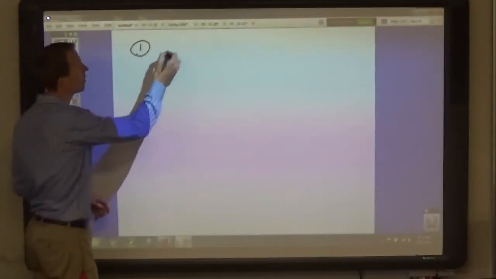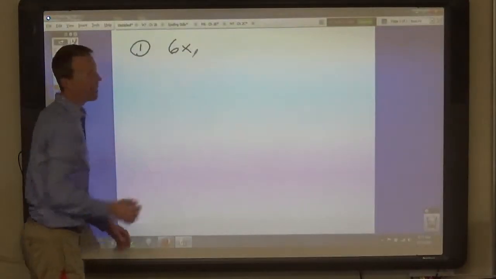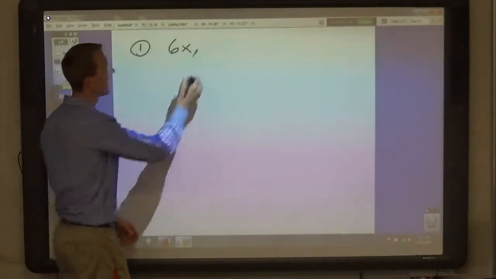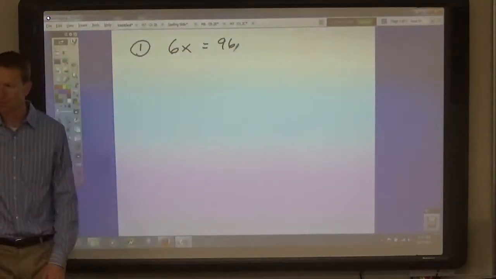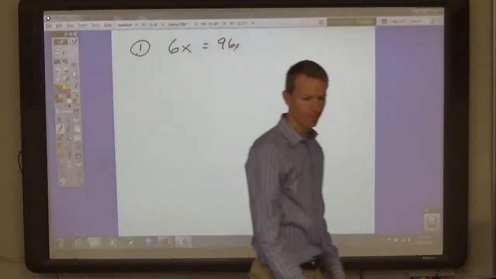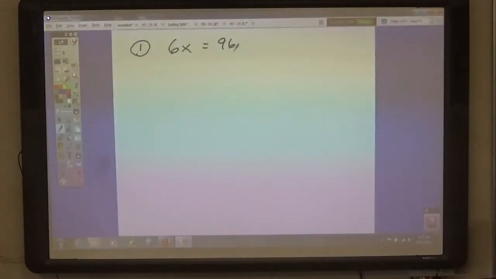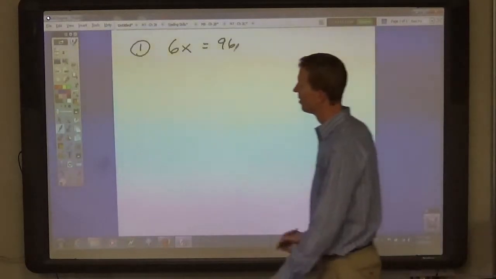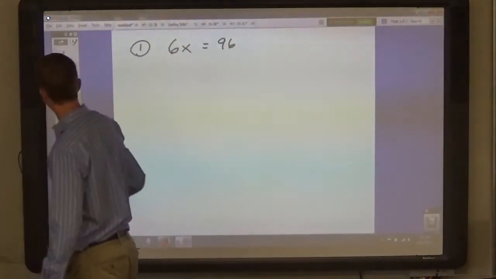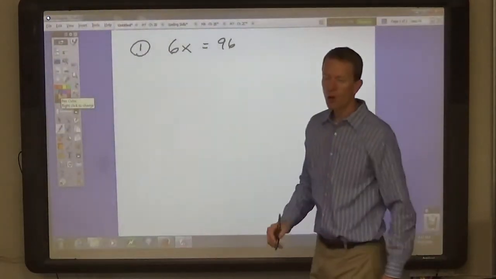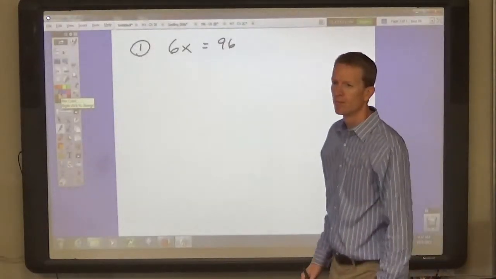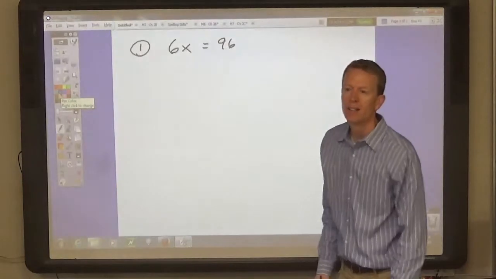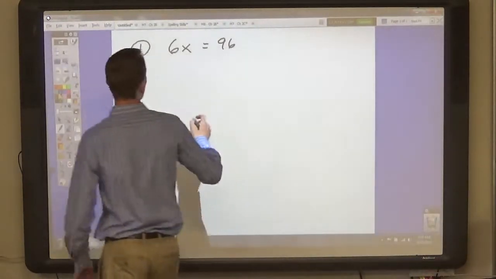Right, number 1. 6 times x equals 96. Find the coefficient. What's the coefficient of this one, Sam? 6, right.